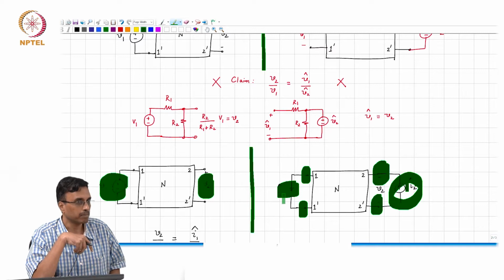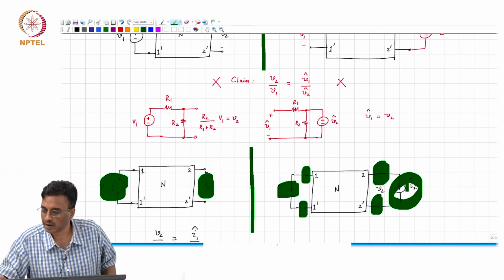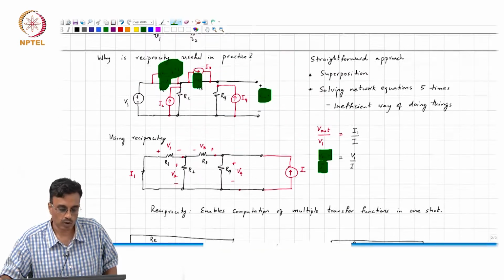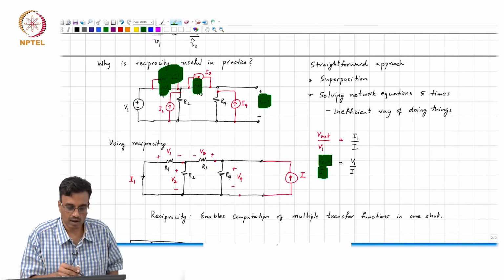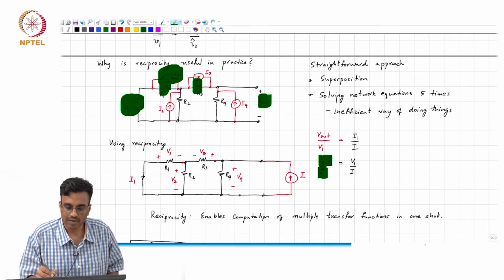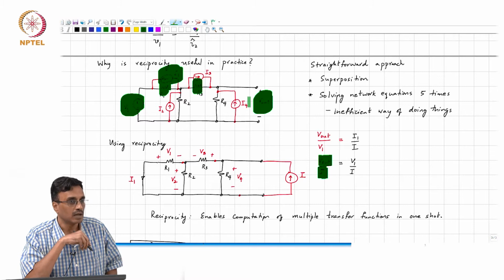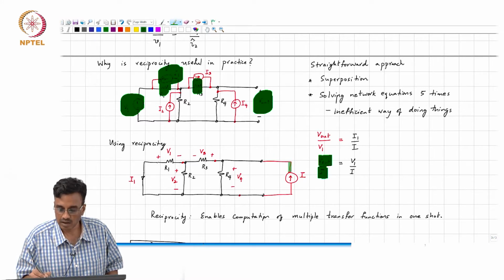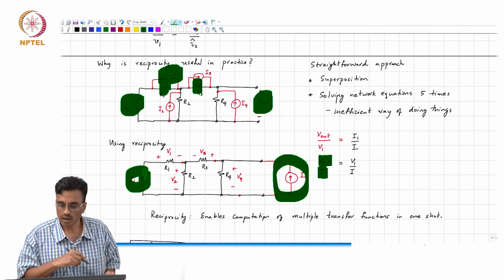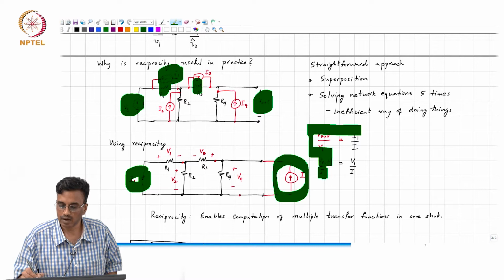That's just the way I like to remember it; you can come up with your own. So given that, if I apply V1 here and I get a positive voltage V out, it turns out that if I apply a current like this, the current must flow in this direction for this theorem to be valid.